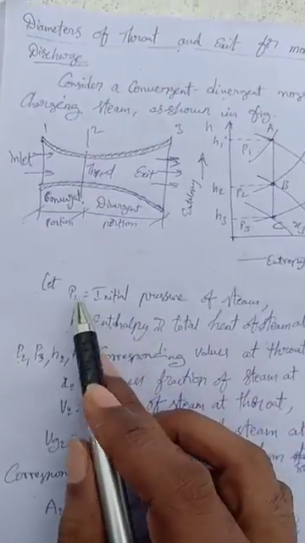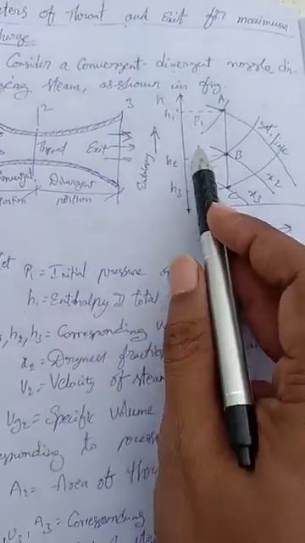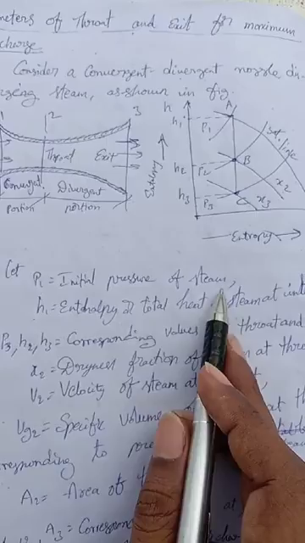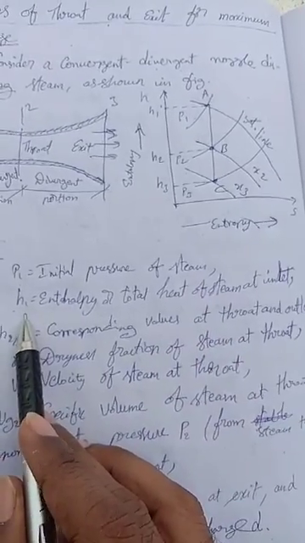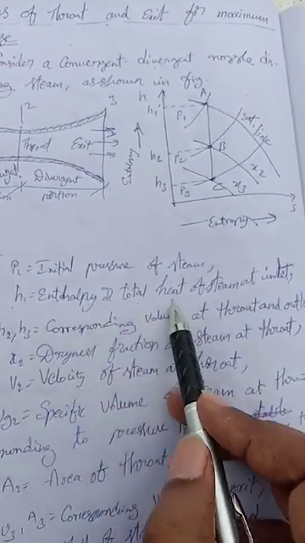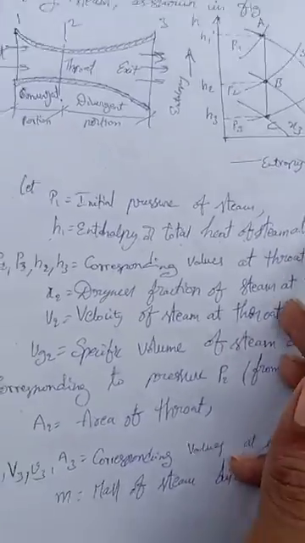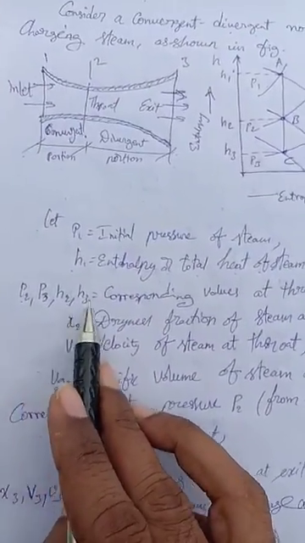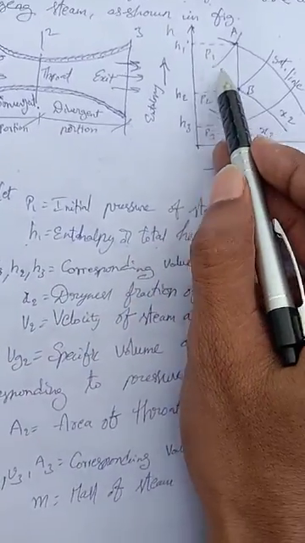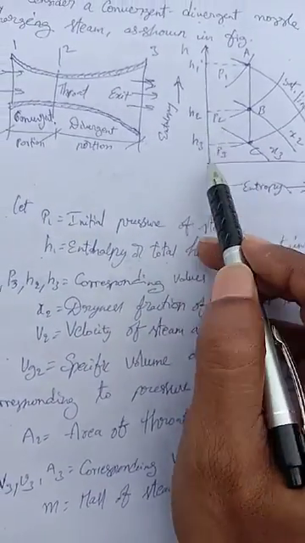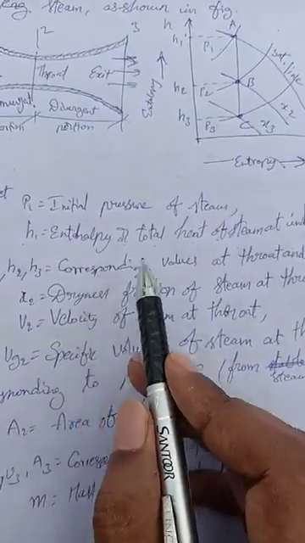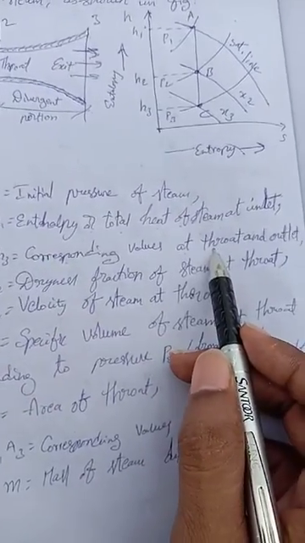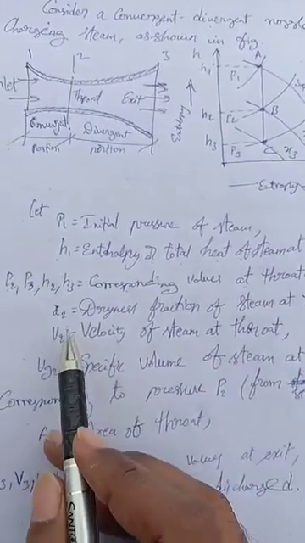Okay, now we will see, let P1 is equal to initial pressure of steam, H1 is equal to enthalpy or total heat of steam at inlet, and now here P2, P3, H2, H3 corresponding values at throat and outlet.